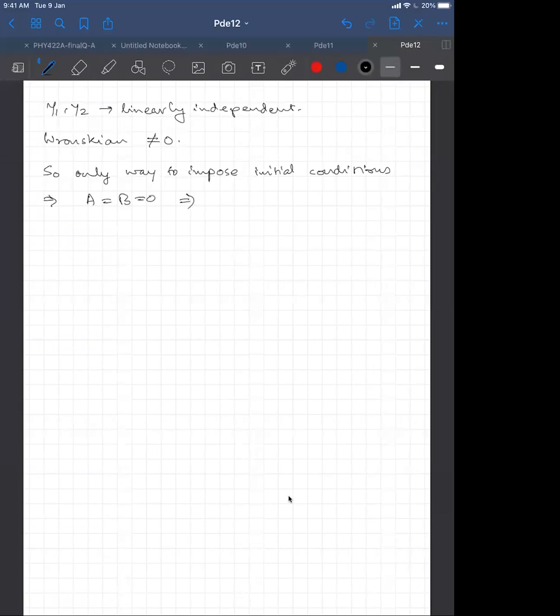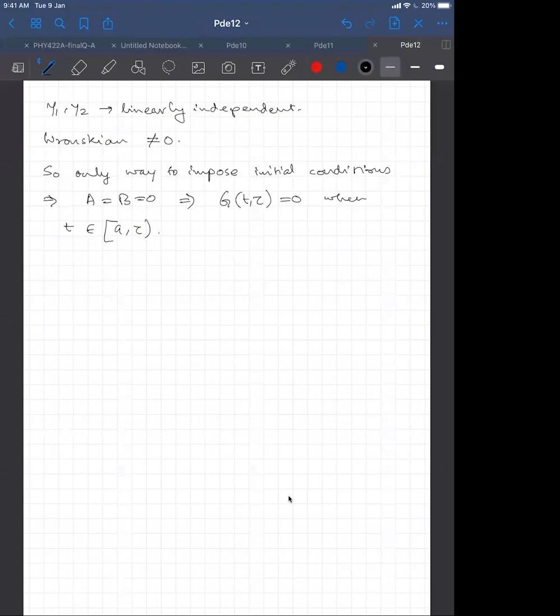This implies that G of t, tau is equal to 0 when t belongs to the region t naught to tau.